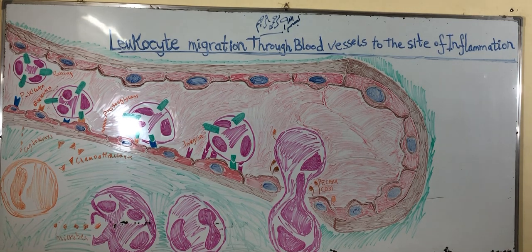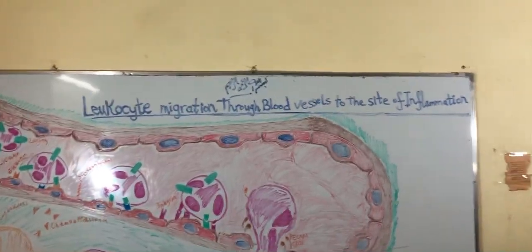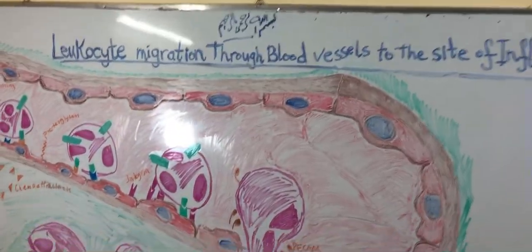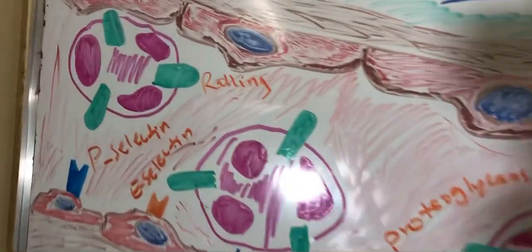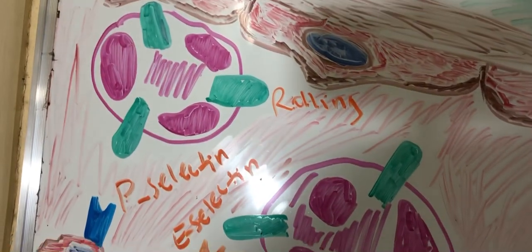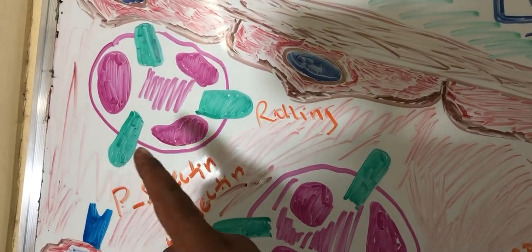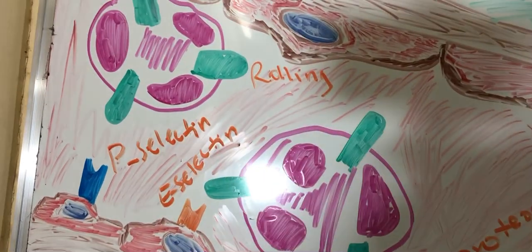So now let's look closely at what we have here. Okay, so we have the blood vessel, and the first process is known as rolling. What happens is we have different kinds of selectin.